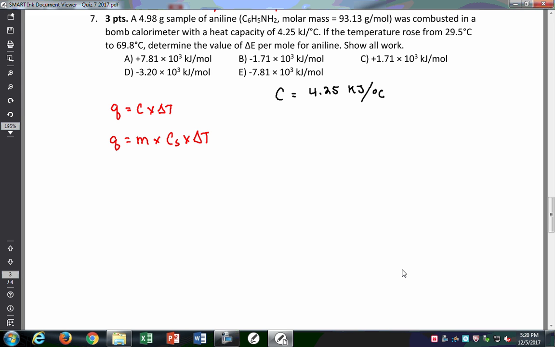If I set up 4.98 grams times 4.25 kilojoules per degree Celsius times my change in temperature, which is in degrees Celsius, the degrees Celsius will cancel out, but grams won't cancel out because there's no grams in my C. So that's how I know that I'm not using that second equation. Because if I was using the second equation, I'd have my gram term in here.